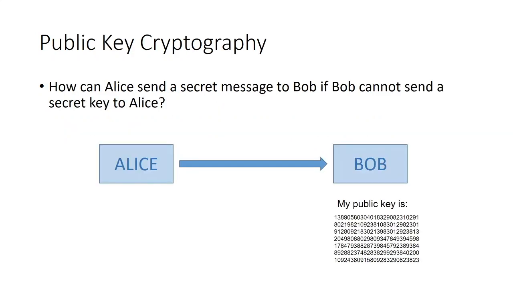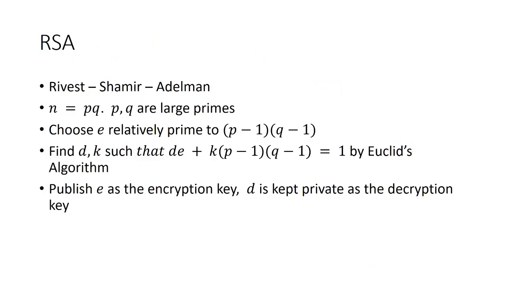So that's why there is a better method, public key cryptography. In this case, both parties need to keep their private key in a secured position. Then they can share the public key to decrypt the encrypted message. The most famous method for this is RSA. Rivest, Shamir, and Adleman invented this method.